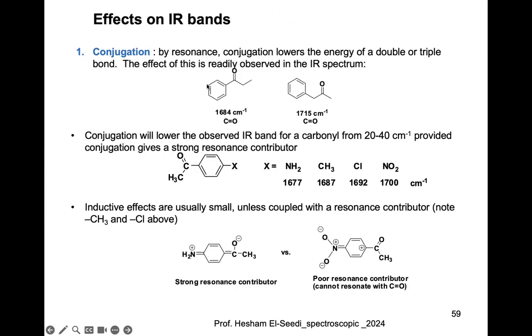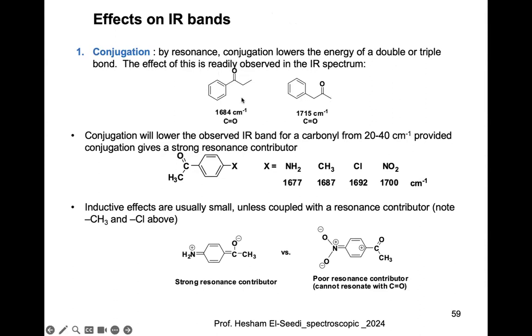What is the effect? Conjugation is affected by resonance. So for example, conjugation lowers the energy of a double bond, so the effect is observed in IR. Look at this carbonyl: double, sigma, double, conjugation. Here, double, sigma, sigma, no conjugation. So what do you expect?